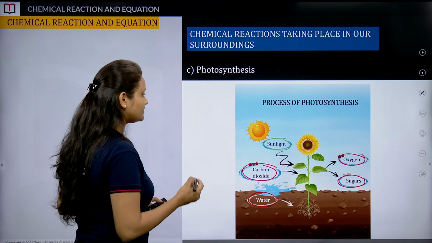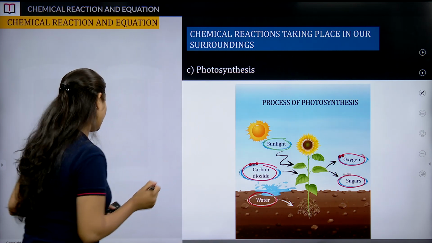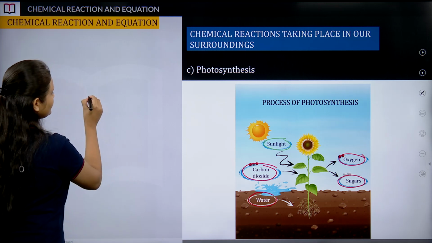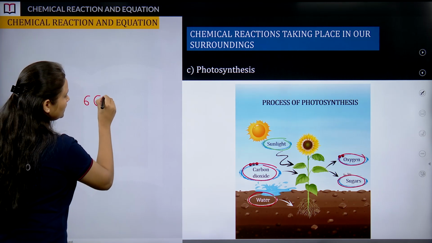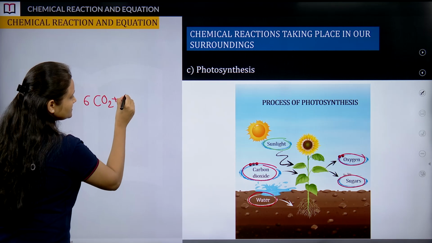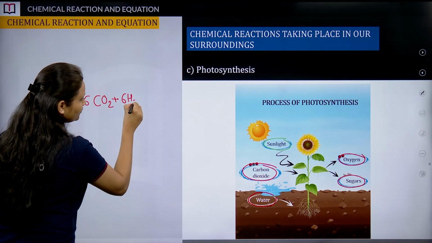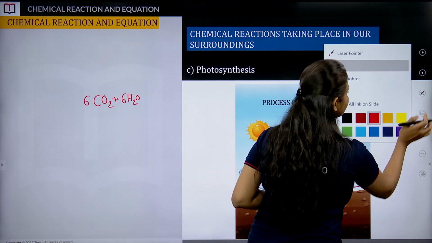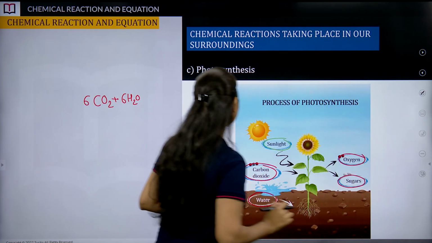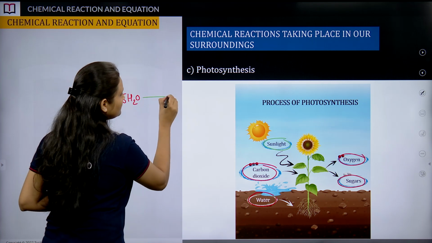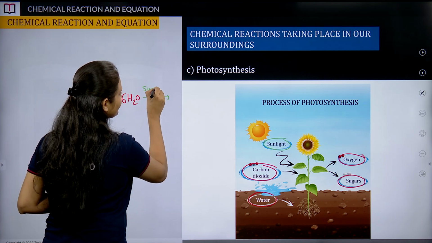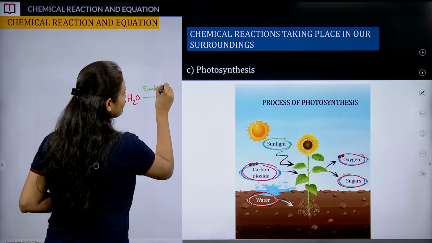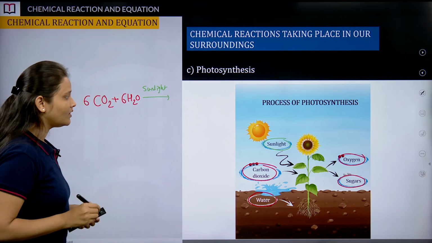So how do we write it? Let's suppose I want to write a chemical reaction: 6 CO2 plus 6 H2O in the presence of what? Sunlight. In the presence of sunlight, what are we getting?